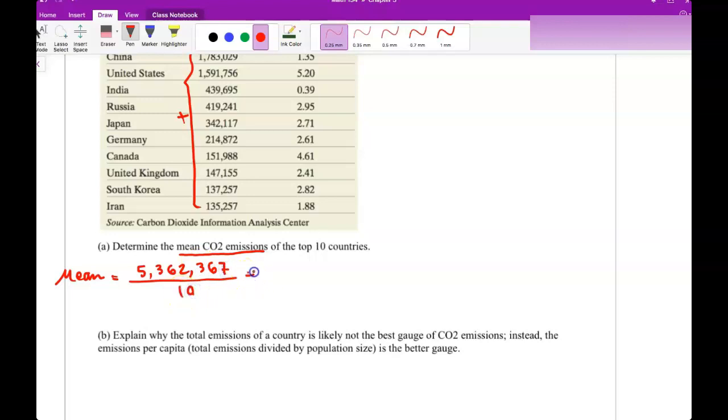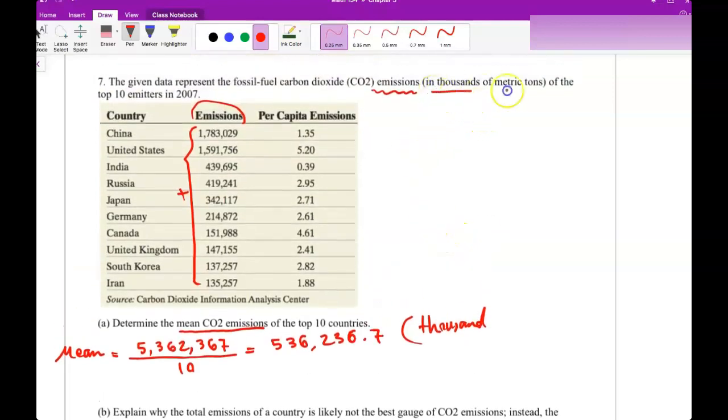So divide by 10, that is 536,236.7, and this is in 1,000 metric tons.